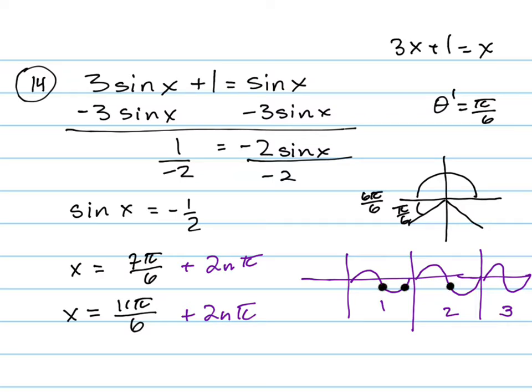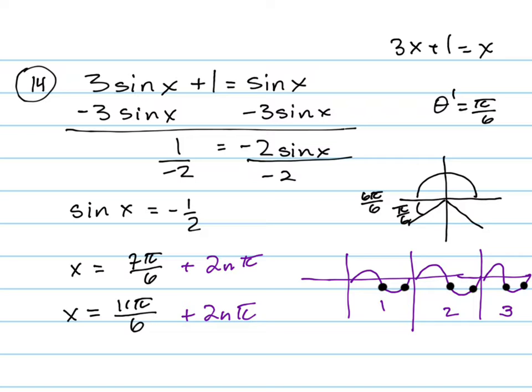So it repeats itself every 2 pi. And we put an n there. N is an integer because it could be 1, which would be this one. If we make n 2, then we have to add 4 pi to it, and it would be over here. So the n stands for how many 2 pi's you're looking at in your sine function.